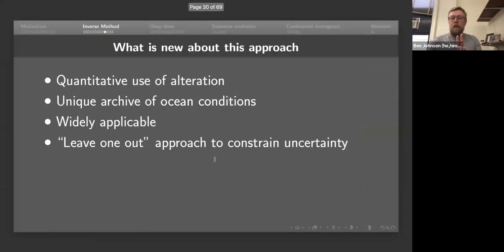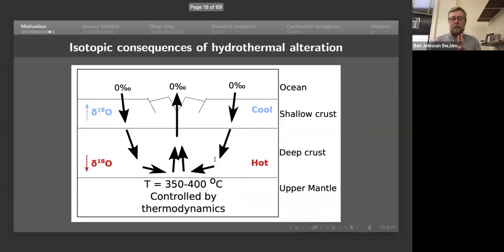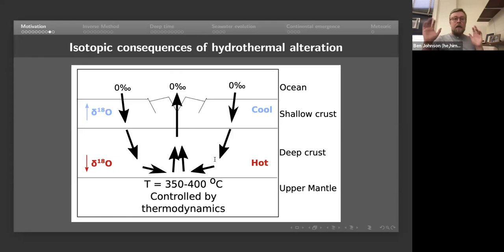Two points. One is that this relationship holds regardless of rock type, right? At low temperatures, you tend to enrich the rock. What happens though does depend a little bit on the composition of the starting fluid and on the starting composition of the rock.